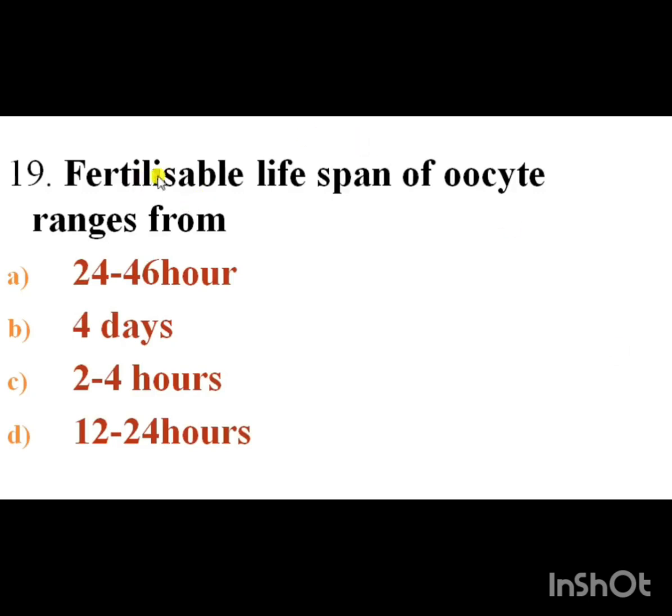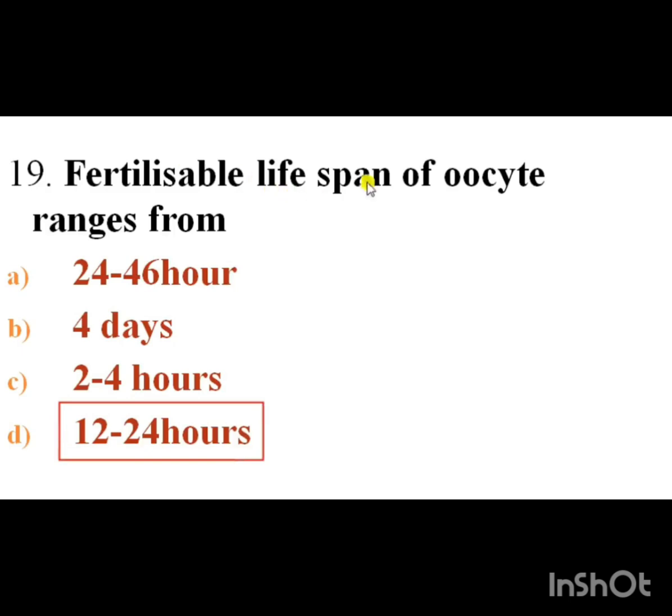Next question. Fertilizable lifespan of oocyte ranges from. Options: A, 24 to 46 hours; B, 4 days; C, 2 to 4 hours; D, 12 to 24 hours. Answer is D, 12 to 24 hours.